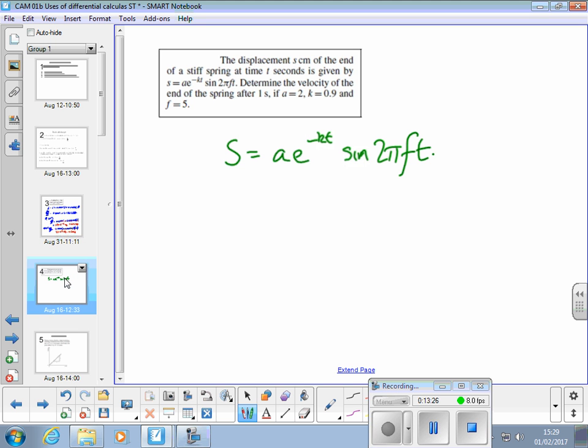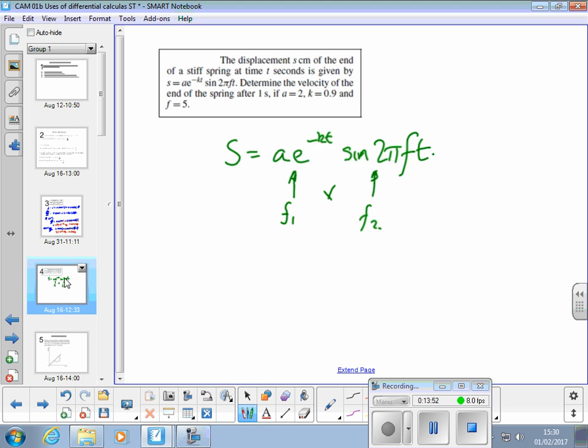We've got a function there multiplied by another function there. So you've got to use the product rule. Okay? So something for you to have a go at. See if you can get the right answer. And what I will do is tell you what the final answer is for that question.